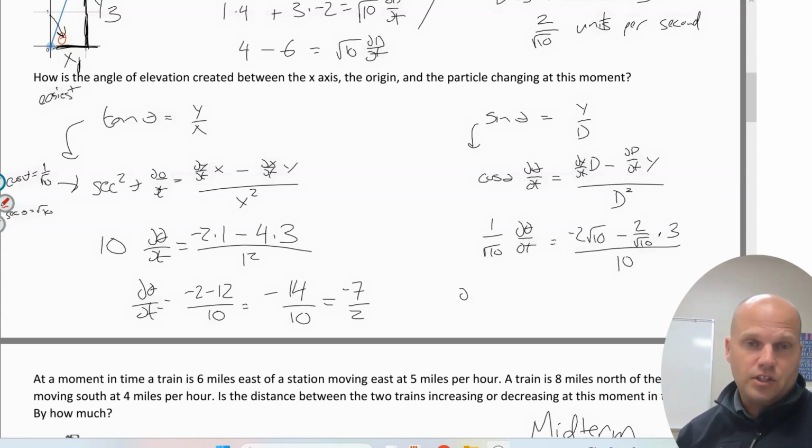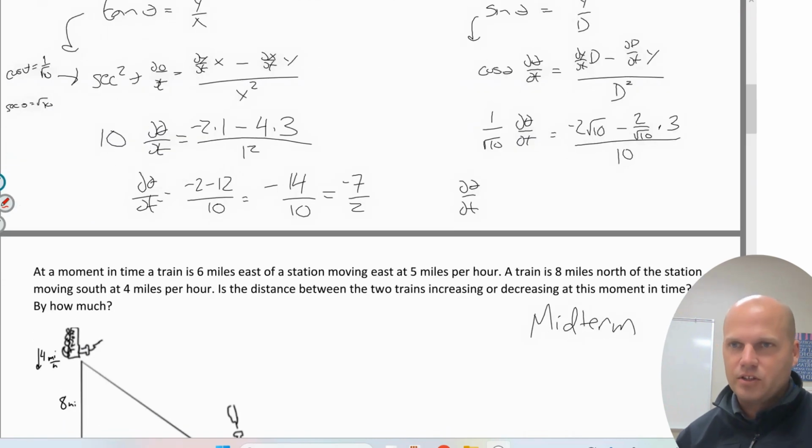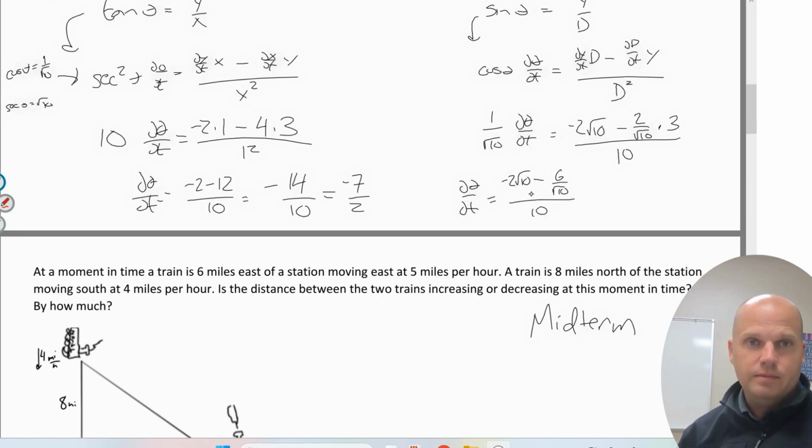Now, this is even more of an indication of why you should pick the right trig function, because you don't have to worry about roots. I get -2 root 10 minus 6 over root 10, over 10, which then I multiply by root 10 because I'm multiplying both sides by root 10.